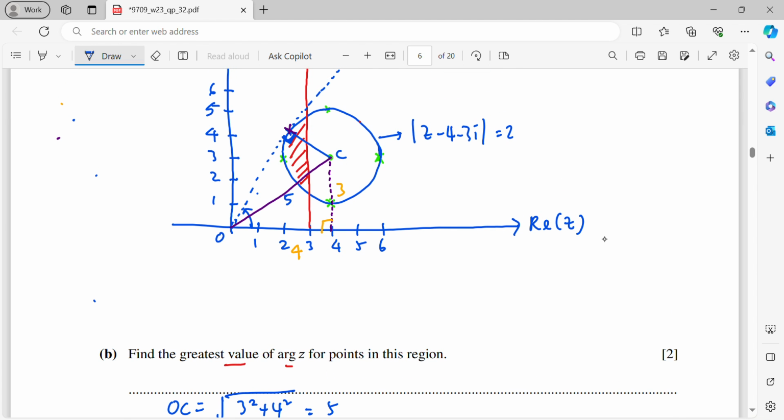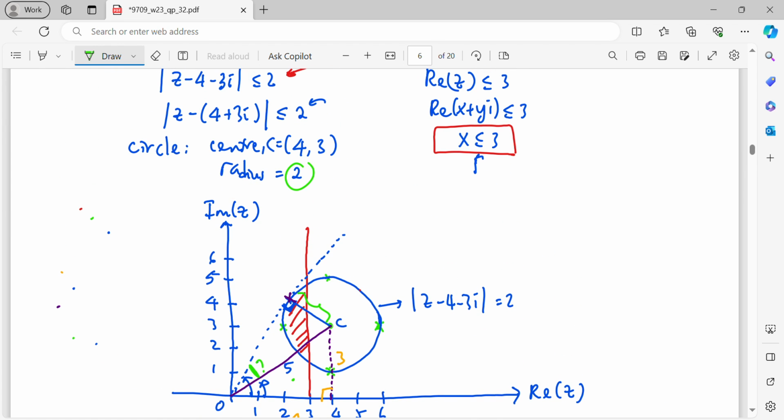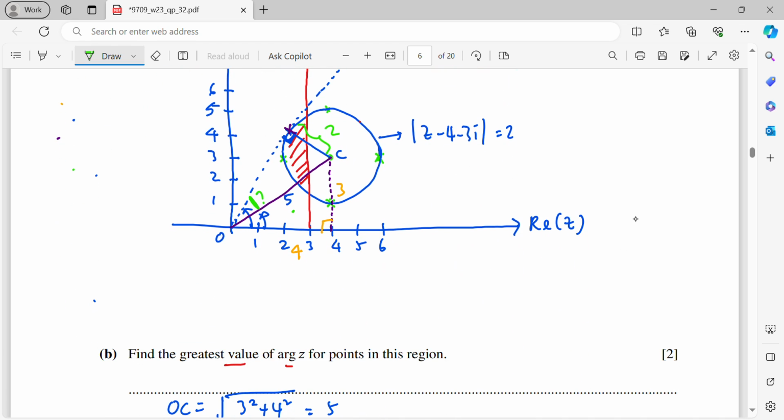Then I can find this angle, and the next angle. Using this right angle triangle, I know the 5, and the radius is 2. Looking at the upper triangle with the green angle, the 2 is the opposite side and the 5 is the hypotenuse.